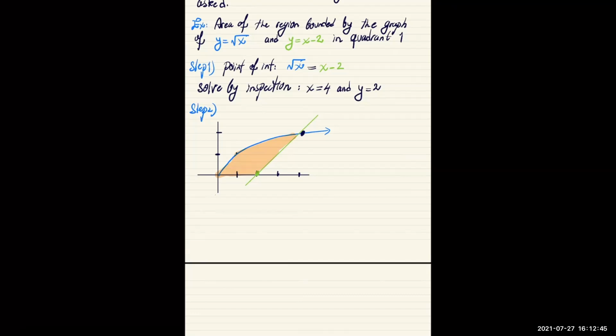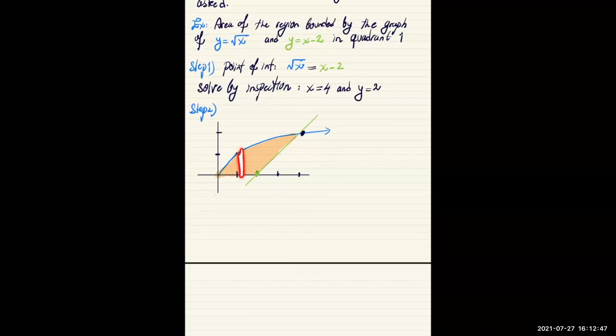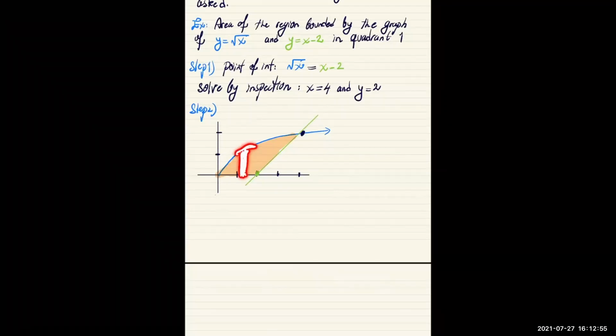If I draw a rectangle like that, the top is bounded by the blue graph, but the bottom is bounded by the x-axis. Here is a rectangular strip.